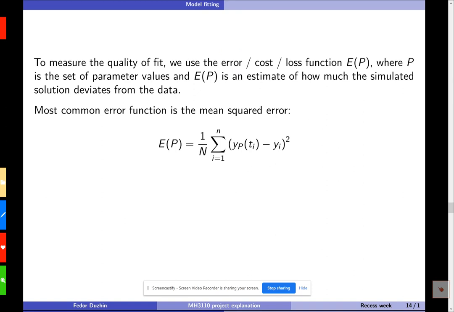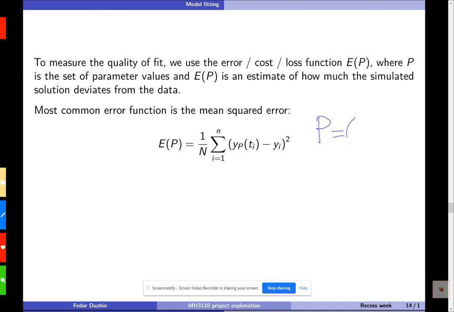There could be different ways to define this error function, but the most common one is the so-called mean squared error, that you are probably familiar with if you learned some basics of linear regression in statistics. It is the same mean squared error as in statistics. It means the following.